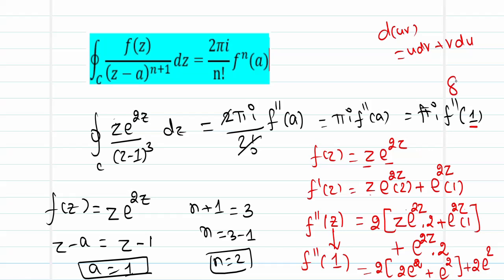So this becomes 8 e to the power of 2, which is the value of my f double dash of 1. This has to be multiplied with pi i. So what is going to be the final answer? The evaluation of integral over C z e power 2z by z minus 1 the whole cube gets the value as pi i into 8 e to the power of 2.